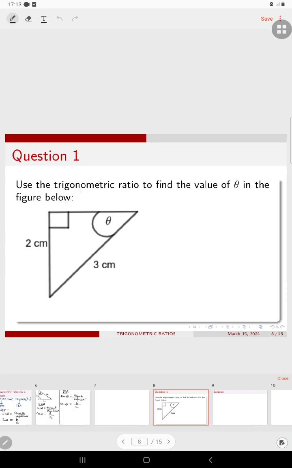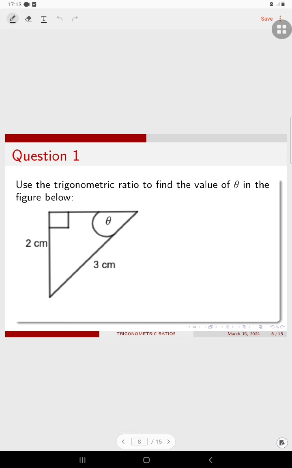I think we can solve a question with this. Let's look at this question. We are asked to use the trigonometric ratio to find the value of theta. The reference angle is theta. You ask yourself, they have given you 2 and 3, what do they stand for? Have you been given adjacent, opposite, or hypotenuse?